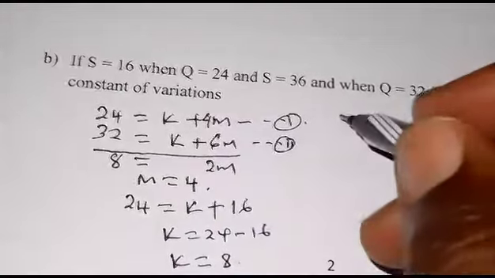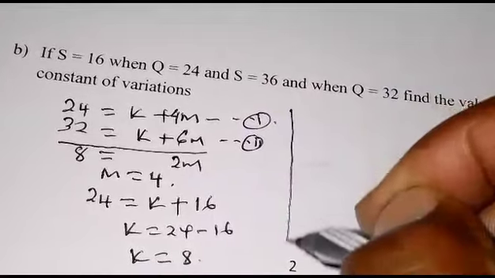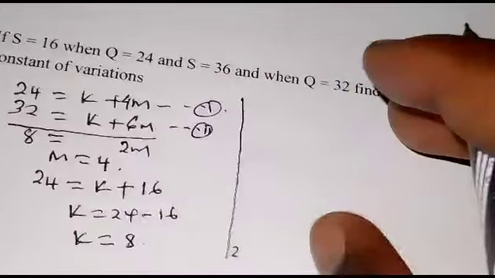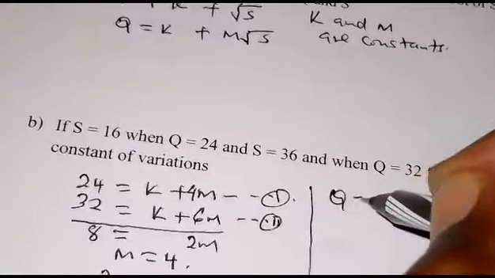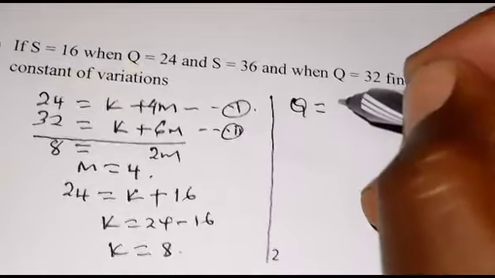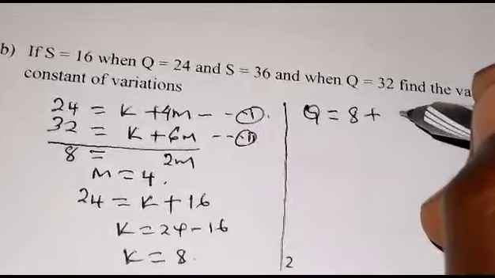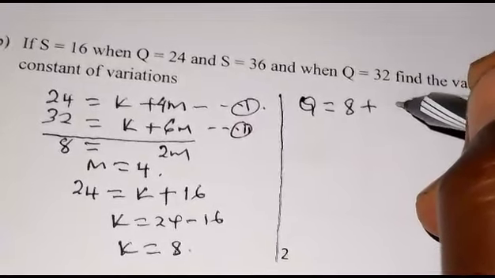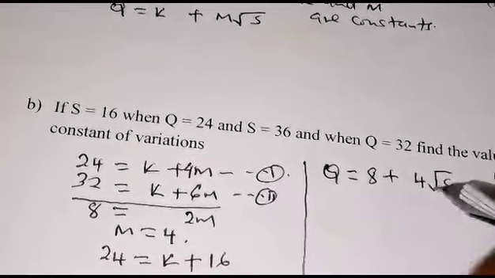Okay, now because we already have m and k, we can write the equation connecting q and s with the relative constants involved. So we have q equals k. This time we know k is 8, plus m, m is 4, so we have 4 square root of s.